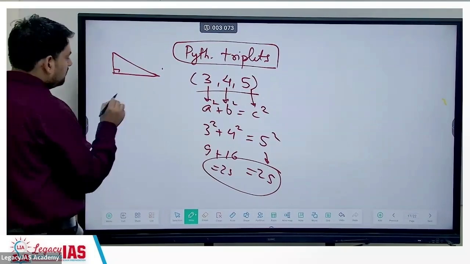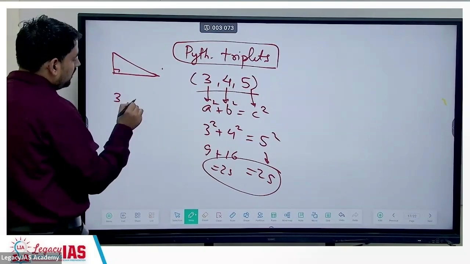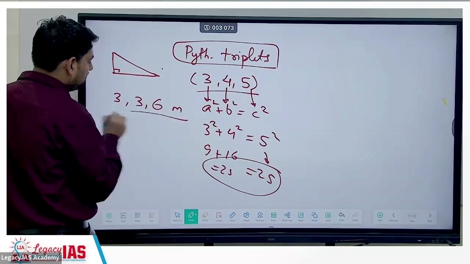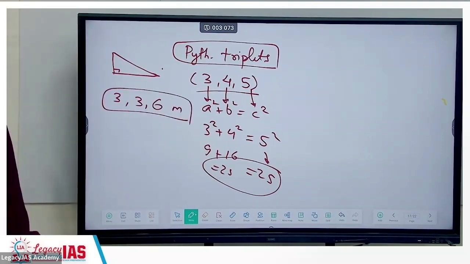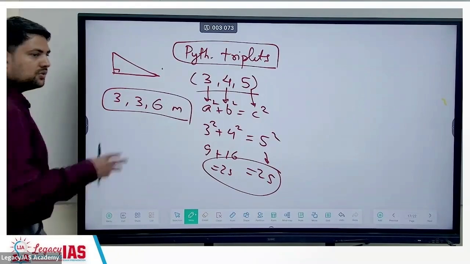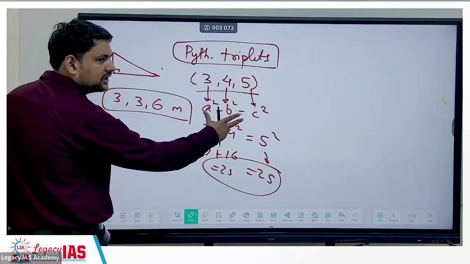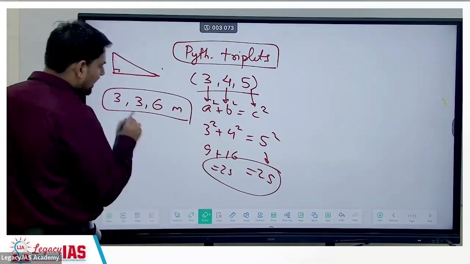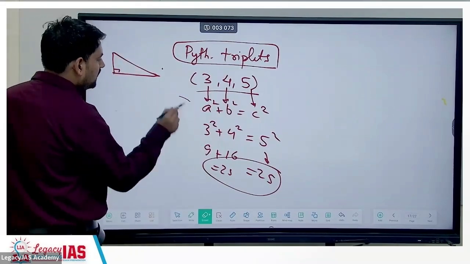Like if I give you 3 sticks of 3, 3, 6 meters, and I tell you to form a right triangle, you cannot. You can form a triangle, but you cannot form a right triangle with them. For a right triangle, you need to have this pattern going on. So one of these is 3, 4, 5 that you must have heard from your childhood days.